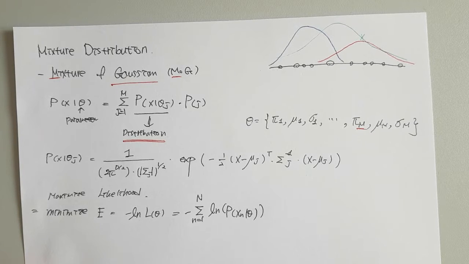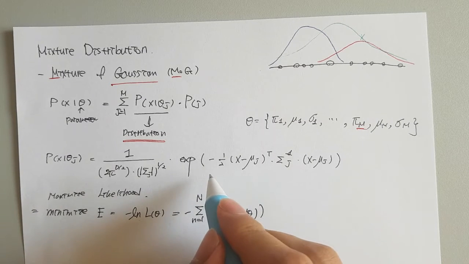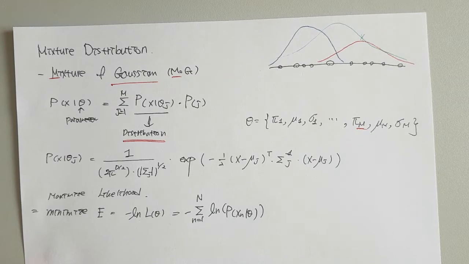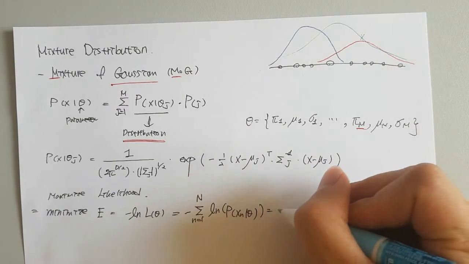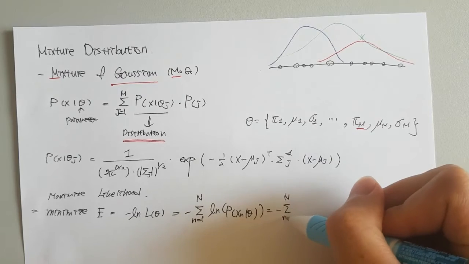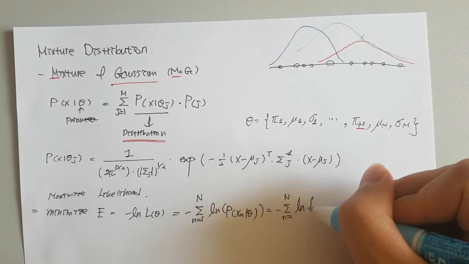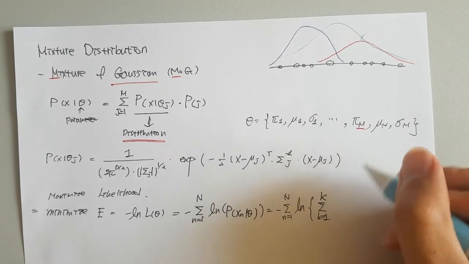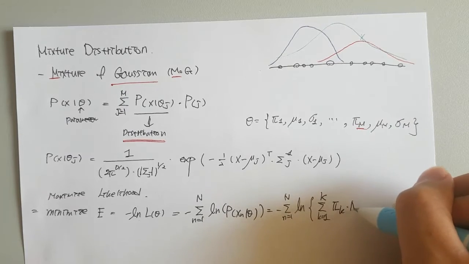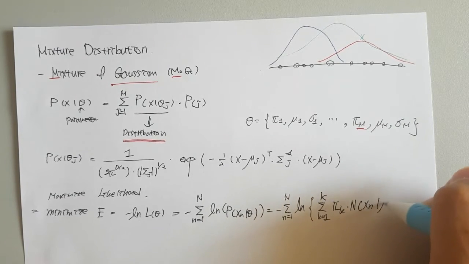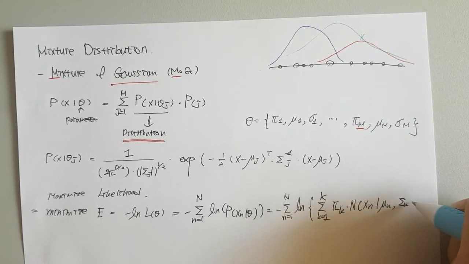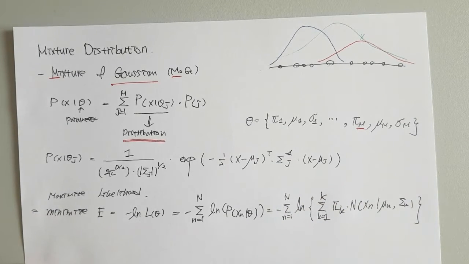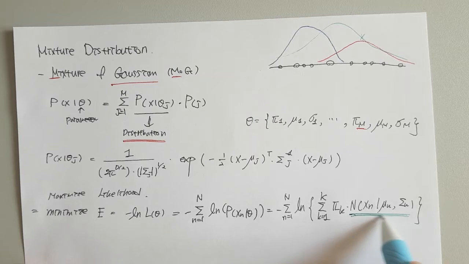This equation can be further explained like this: minus sigma log sum of each distribution, like this.